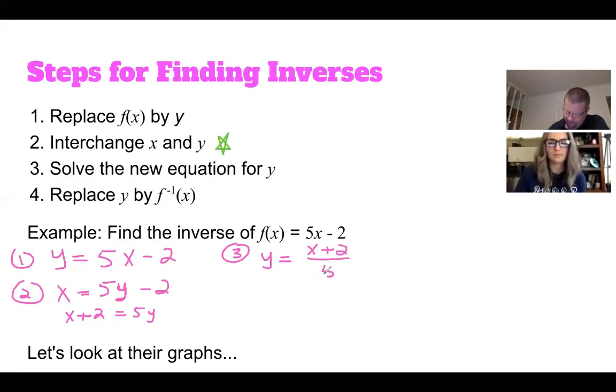all over 5. And I'm going to pause him one more time and just talk for a second about intuitive math, because if I have a minus 2, then I would expect in my inverse to have a plus 2, because that's the operation that will undo minus 2. And I have a times 5, and so to undo times 5, I would divide by 5.